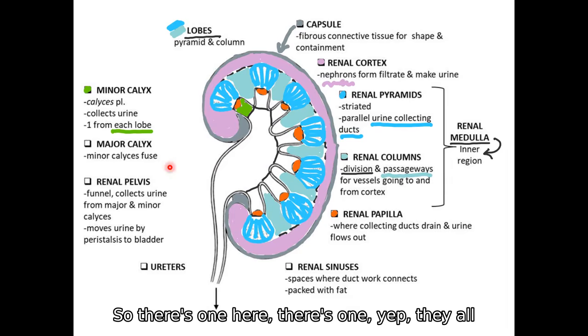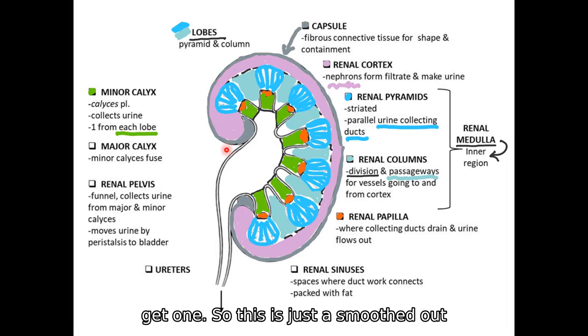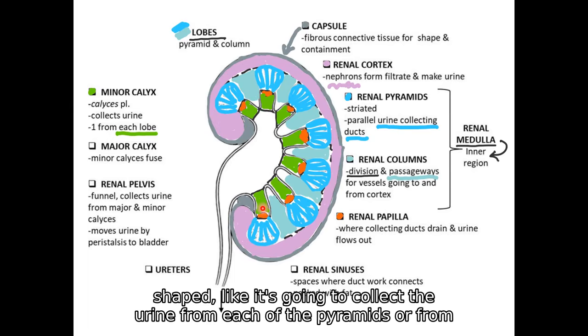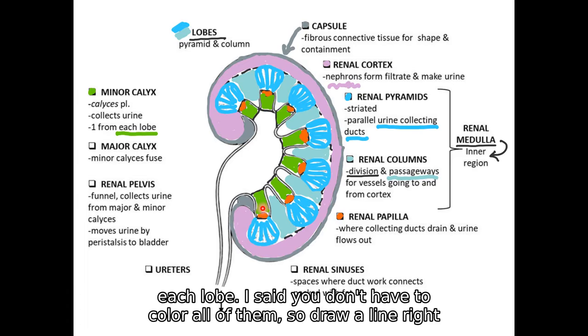So there's one here, there's one, yep, they all get one. This is just a smoothed out funnel area, cup shaped, I think is how it's often described, like it's going to collect the urine from each of the pyramids or from each lobe.